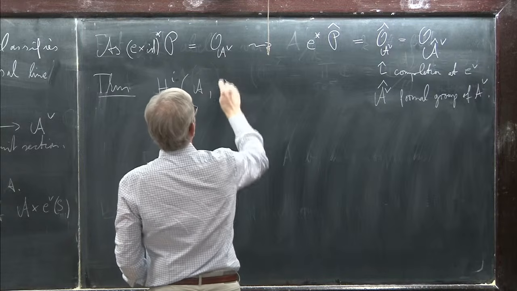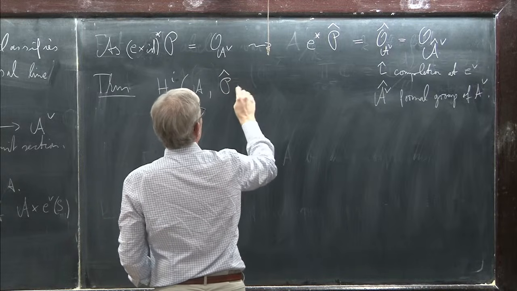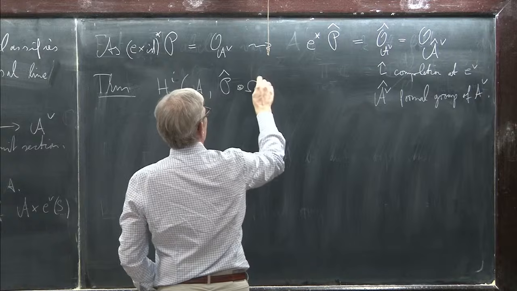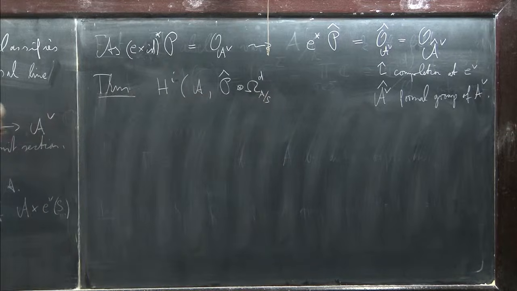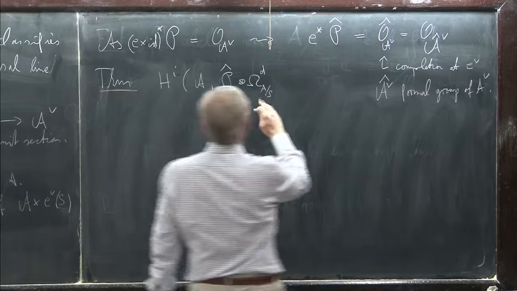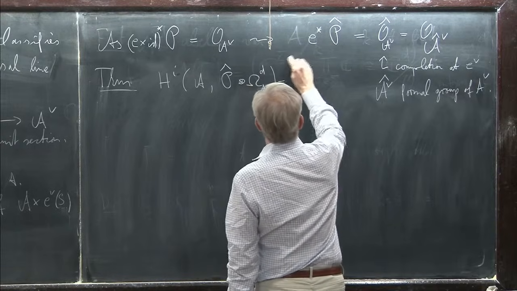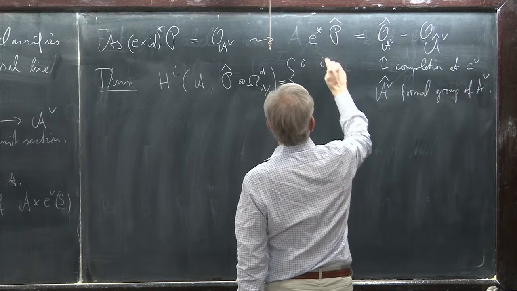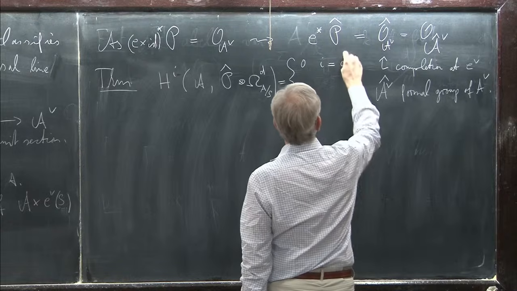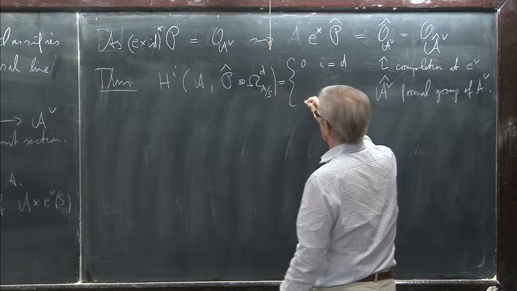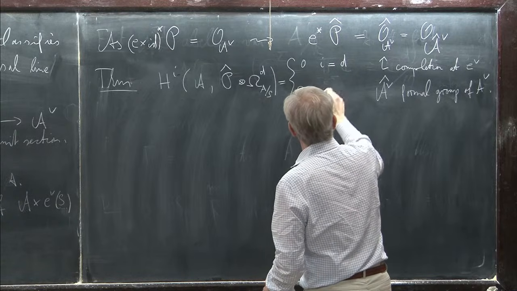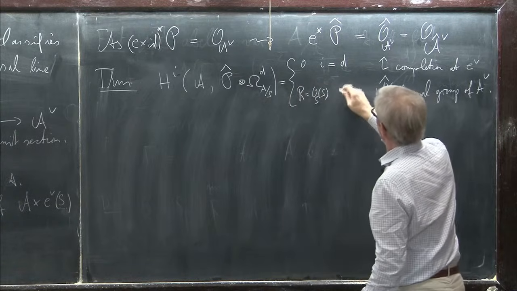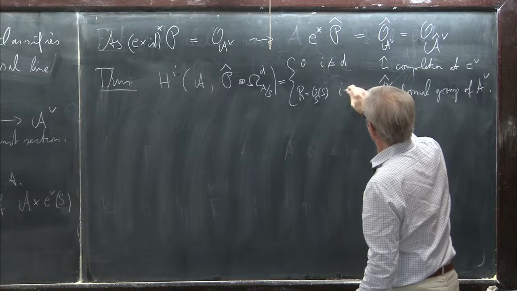So if I compute the cohomology of that, here I have to make everything canonical. I have to tensor here with these exterior powers, the differential forms on A over S. And then I can compute this, and this is 0 if i is not equal to d, and it is canonically isomorphic to R, the global sections over S, if i is d.